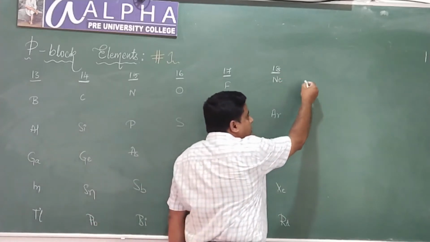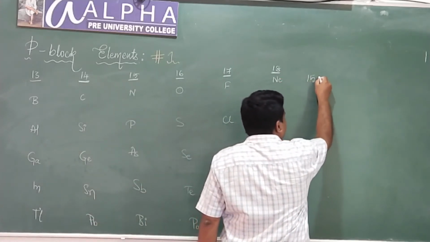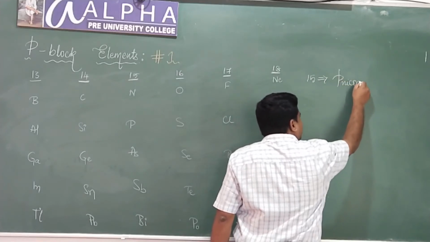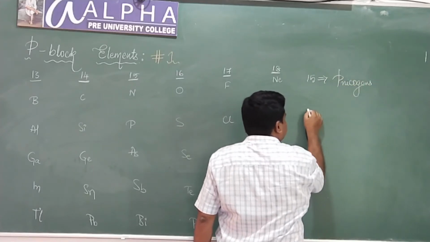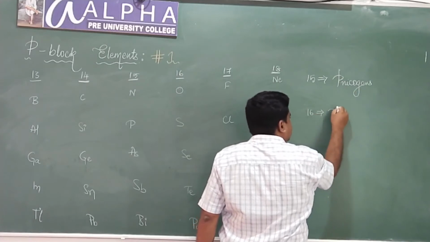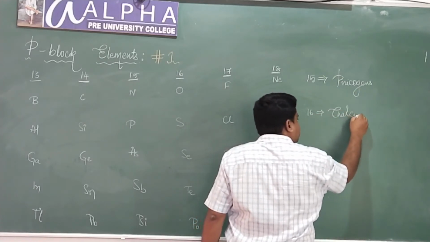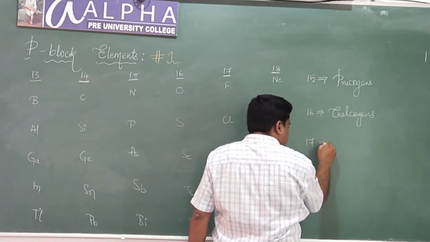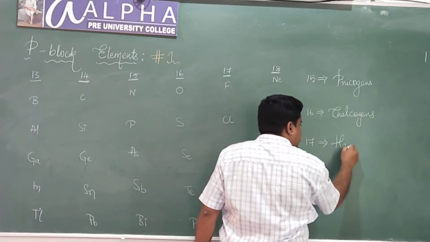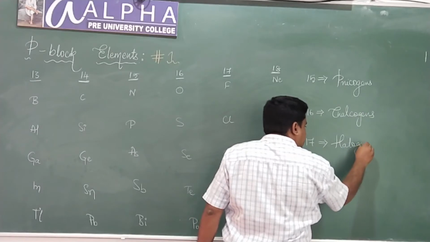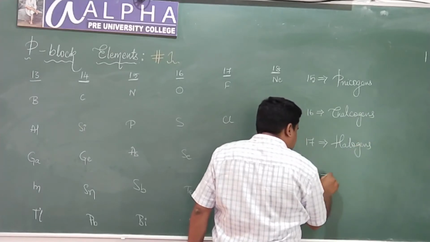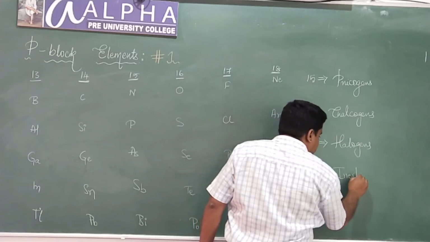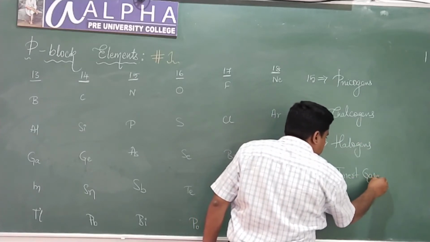Please remember: 15 group elements are nicogens, 16 group elements are chalcogens, 17th group elements are halogens, and 18th group elements are inert gases.